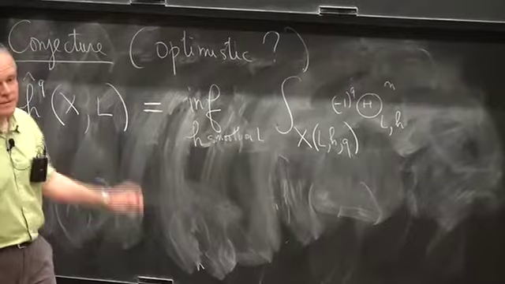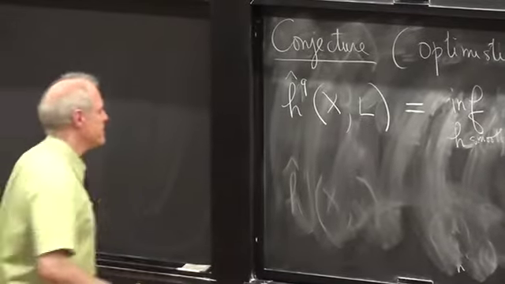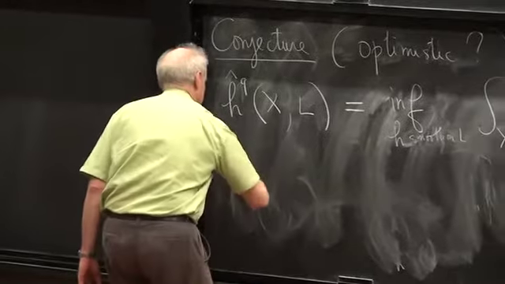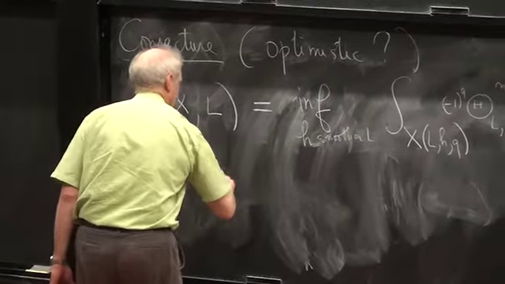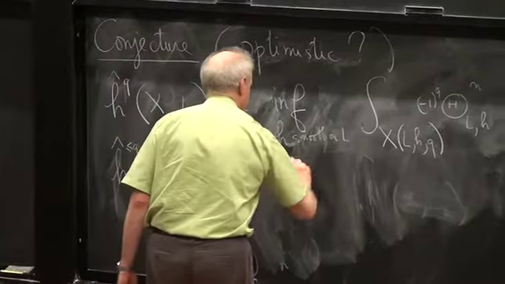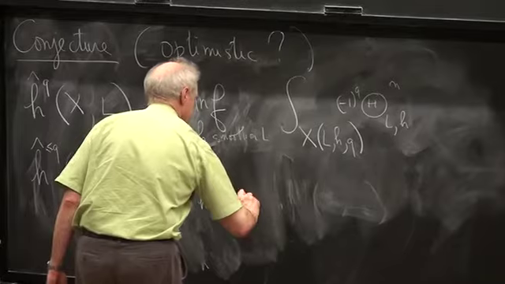And the same for the alternate sums. So if you take the lim sup of the alternate sums, then this will be the infimum over all smooth metrics.